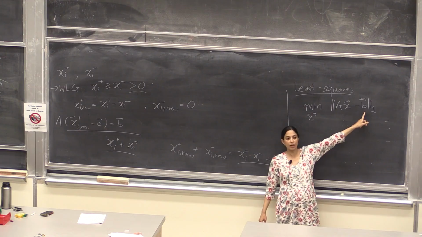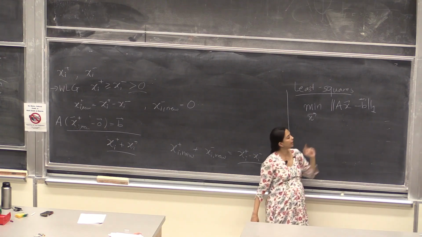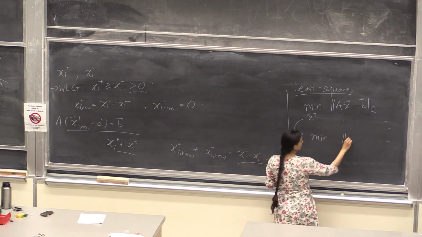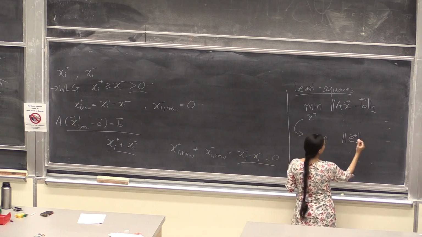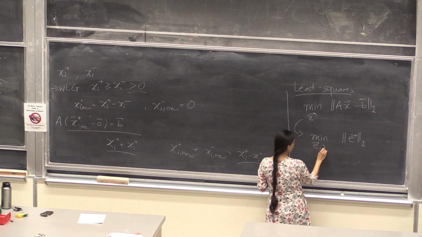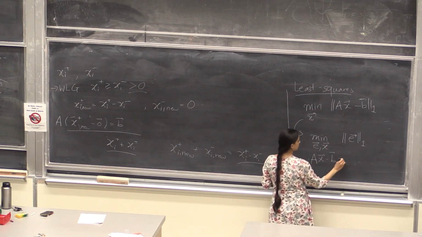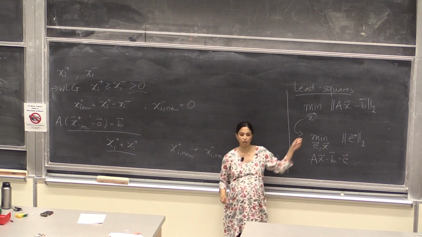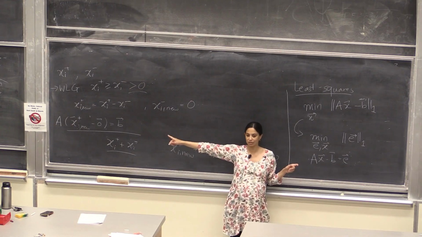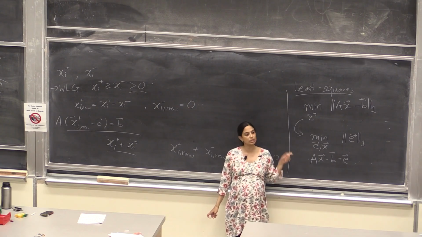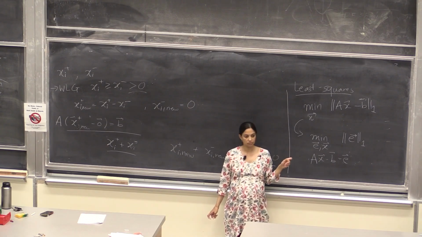Now I want to consider the L1 norm. I can rewrite this problem to be equal to min 1 norm of E over E, comma x, such that AX minus B is equal to E, right? So I've basically rewritten this problem exactly into that min norm formulation, which means that that exact same trick can be used to also convert this into an LP, which means this is also a solvable problem. Okay?